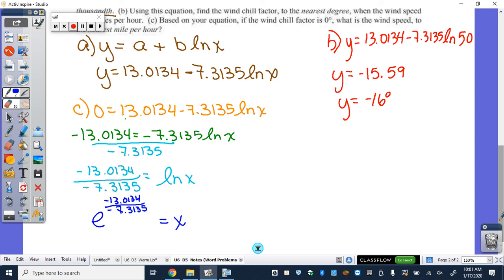So then go ahead and type that into your calculator. I recommend using the fraction function to help you out with that exponent. So you should have gotten 5.926 in there. So to the nearest mile per hour, 6 miles per hour.